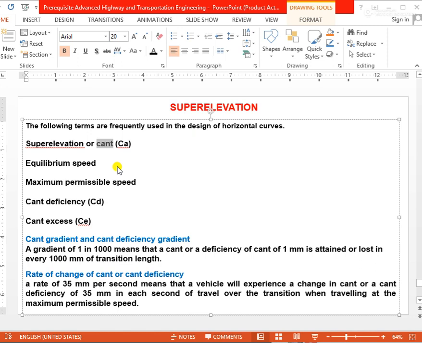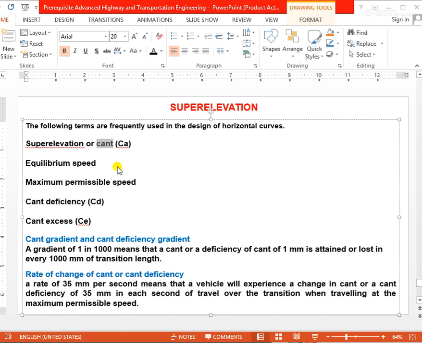This particular speed is called the equilibrium speed. The equilibrium speed is the speed at which the effect of the centrifugal force is completely balanced by the cant provided. By providing super elevation, the effect of the centrifugal force is completely balanced.